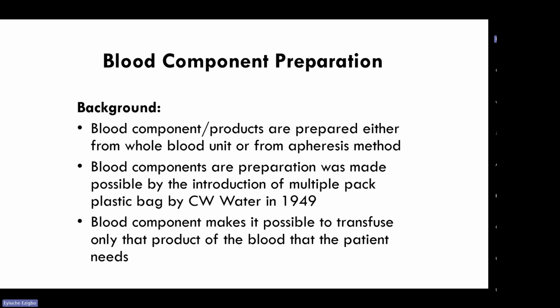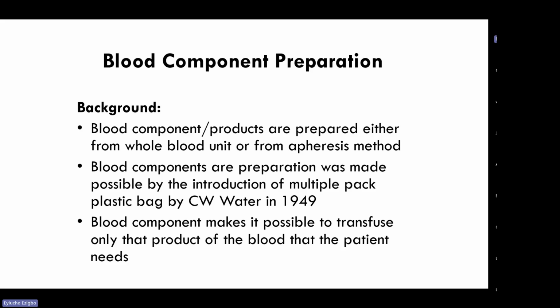So when we collect blood as a whole, without separating anything, we call it whole blood. But in patient management, okay, it's not advised to always give patients whole blood. Patients are transfused with any of the blood components based on their disease condition.